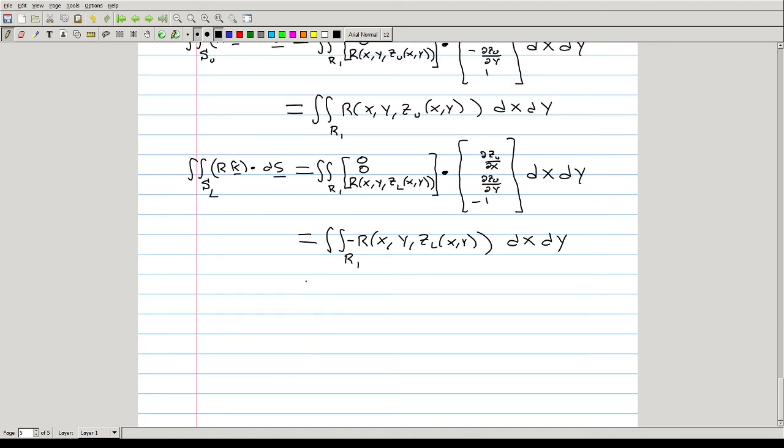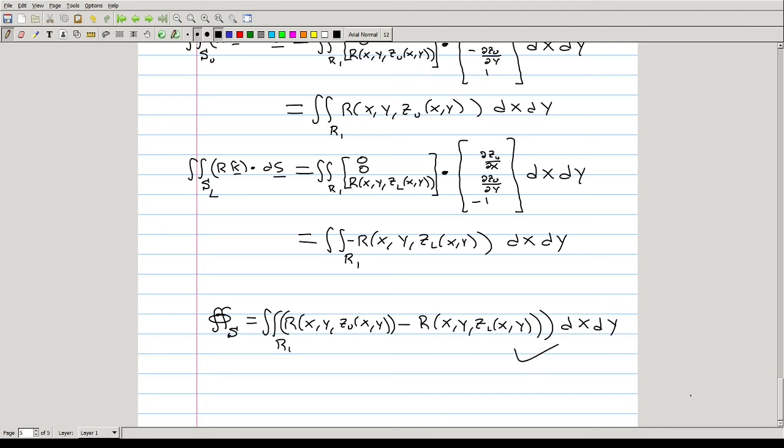And what's remarkable here is that when I add these two things together, I get the closed surface integral over S, which is going to be the double integral over R1 of R of x comma y comma z upper of x y, minus R of x comma y at z lower of x comma y, dx dy, which is exactly the same thing.